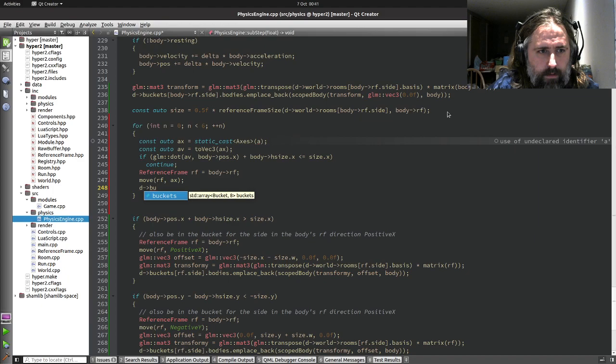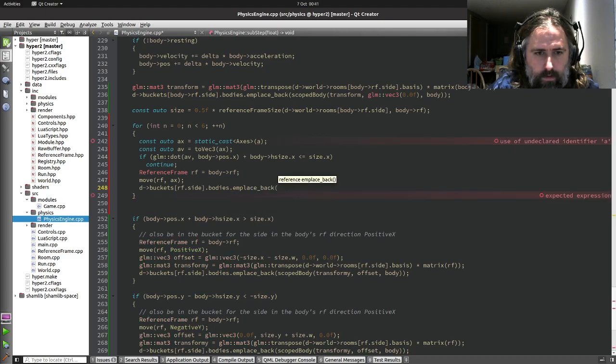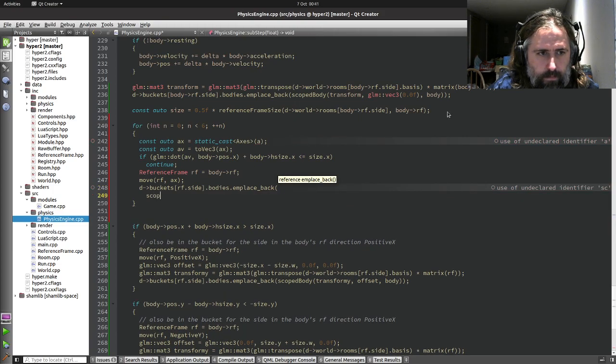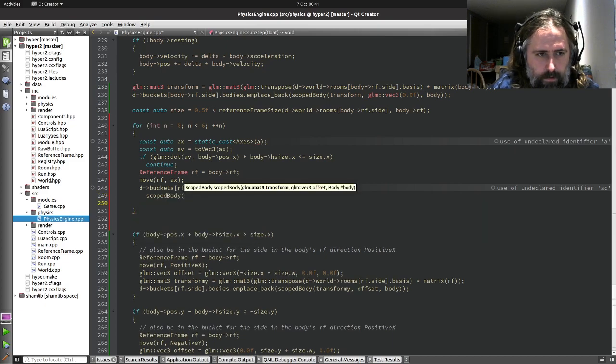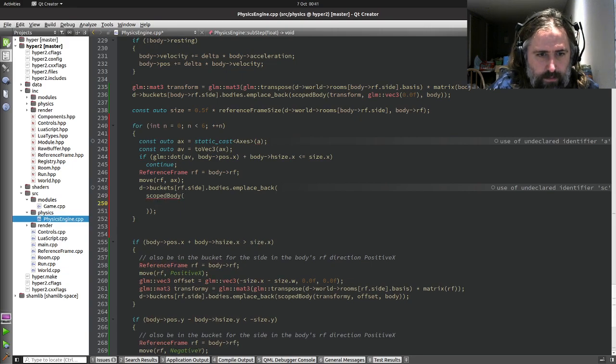We just need to go to buckets for that reference frame side, bodies, and place back a new scoped body. And what's the scoped body going to be?